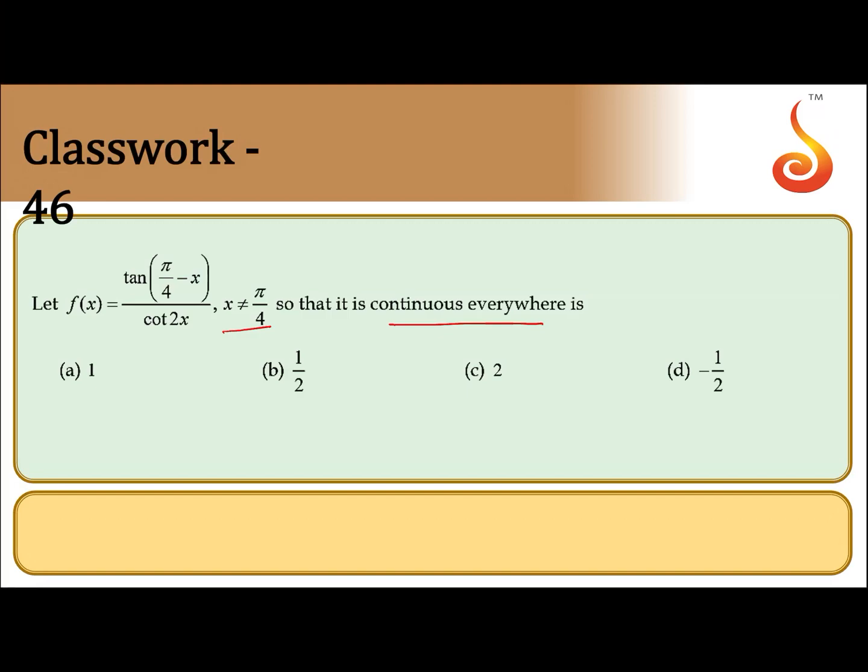Actually the question is supposed to be: find the value of f of pi by 4, the value of the function at this point. We need to calculate it. Let me check this one: tan of (pi by 4 minus x) divided by cot 2x, and the limit as x tends to pi by 4.